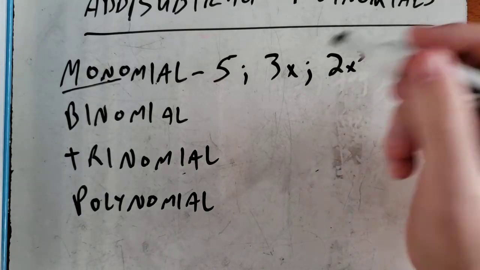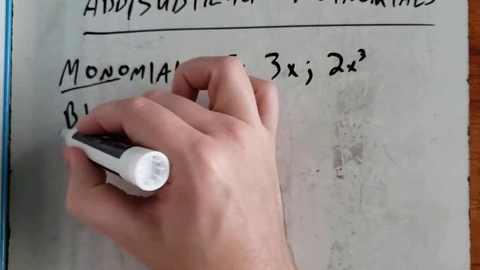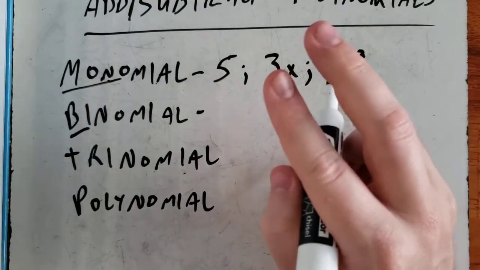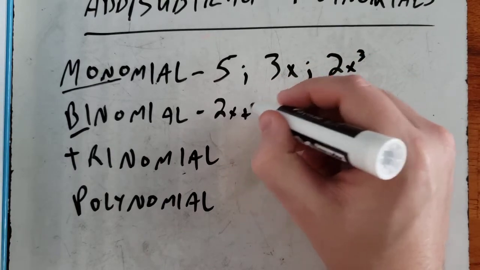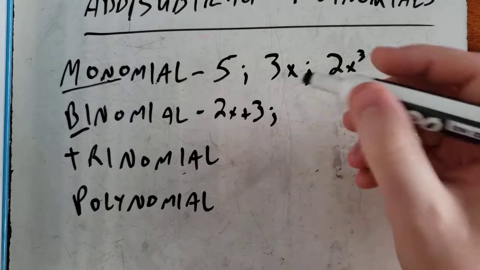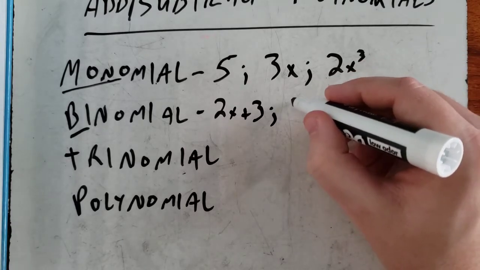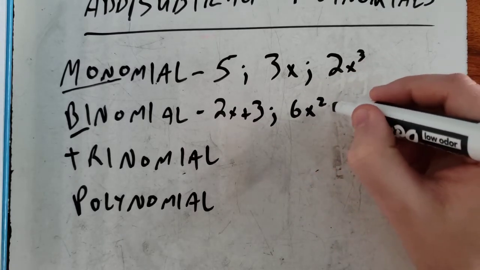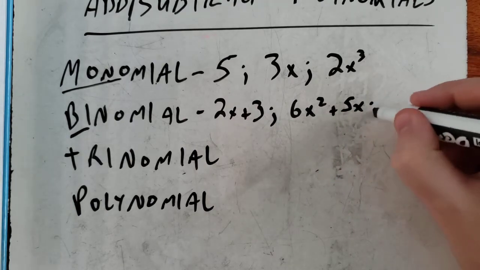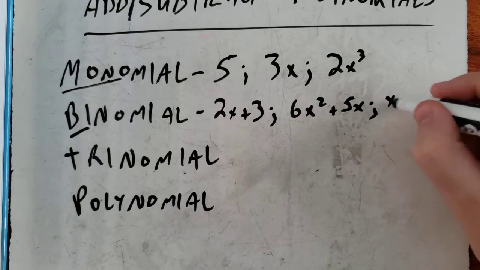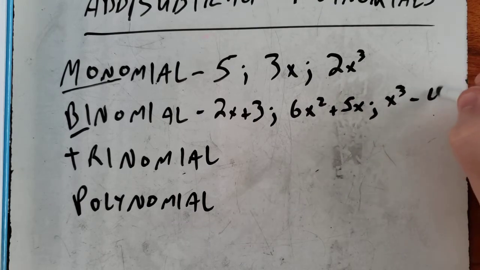Okay, a binomial means there's two terms. For example, that could be 2x plus 3, or it could be 6x squared plus 5x, or it could be x to the third minus 4.